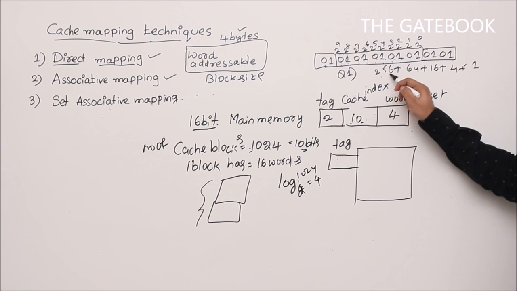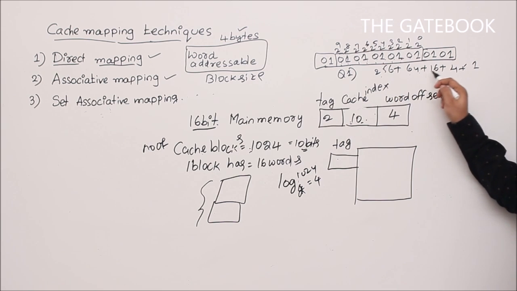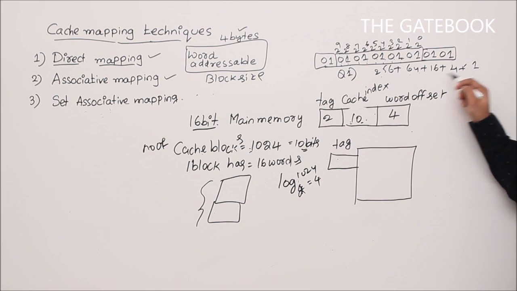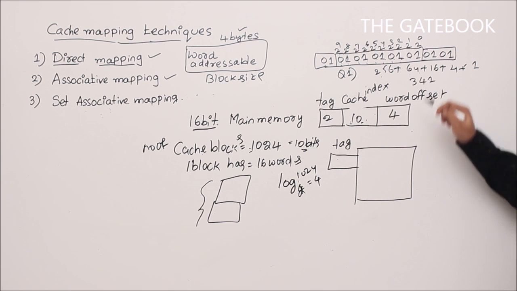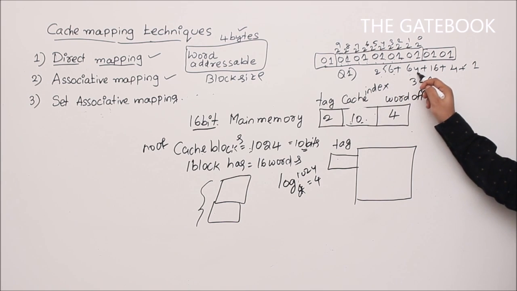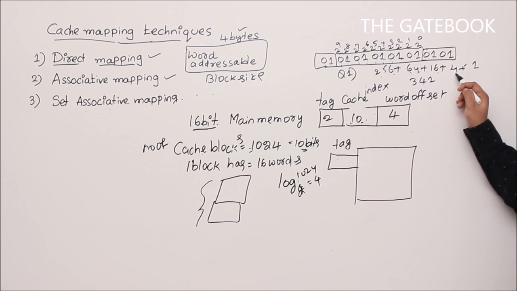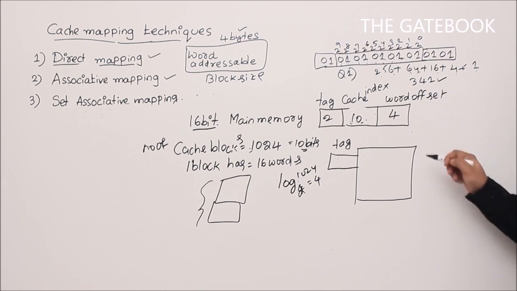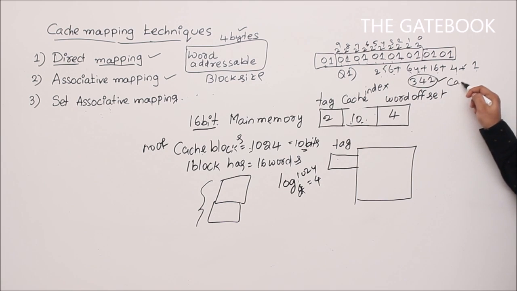It becomes 256, 320, 336, 340, 341. Let us check again: 256 plus 64 is 320, 336, 340, 341. So 341 is the cache block number.